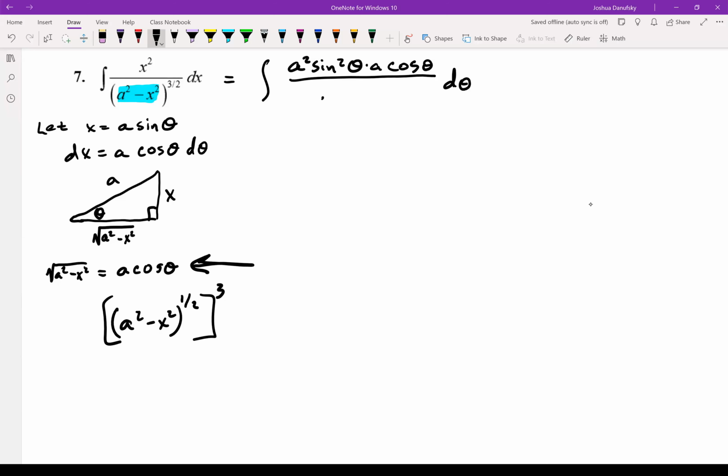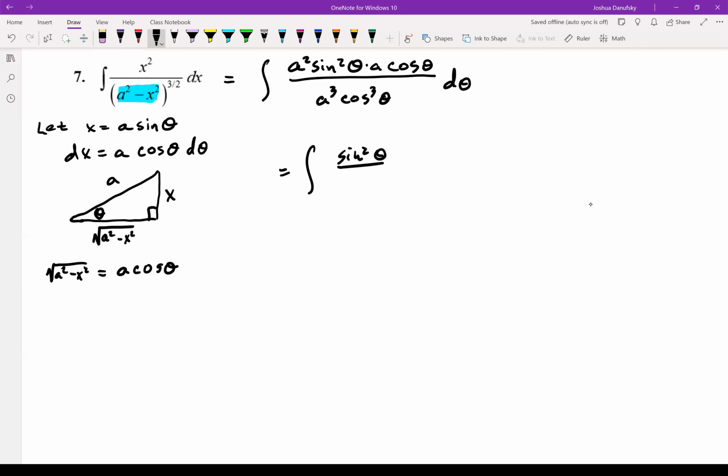So we're going to have a cubed cosine cubed theta. Now we'll simplify this down. The a's cancel. One cosine cancels, and we end up with sine squared theta over cosine squared theta, d theta, which will be the integral of tan squared theta d theta.